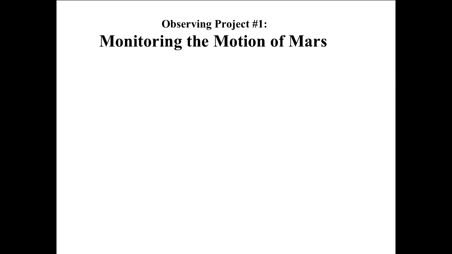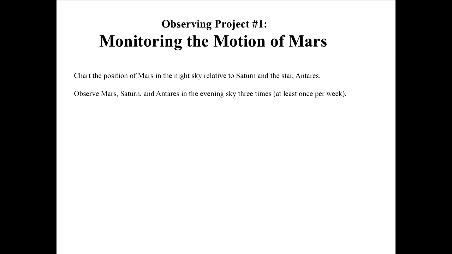Now, the first thing you're probably thinking to yourself is, well, maybe I can do that, but how do I know where Mars is to begin with? So I will tell you that. Let me first tell you the project, then I'll give you some clues as to how to find Mars in the night sky. The project is this: chart the position of Mars in the night sky relative to the planet Saturn and the star called Antares. I'll show you where they are in a moment.